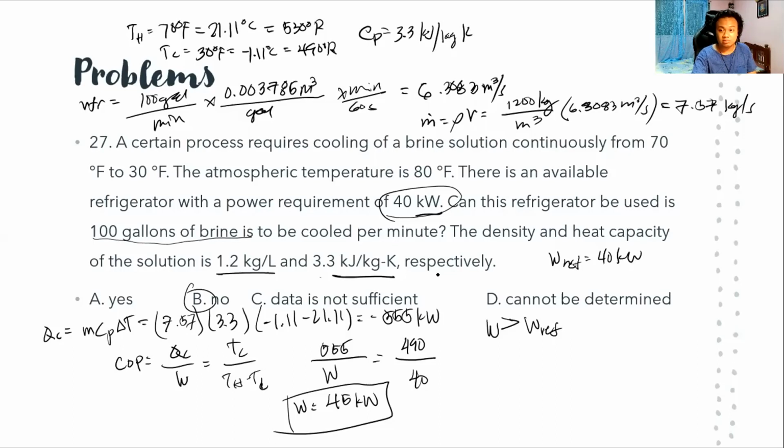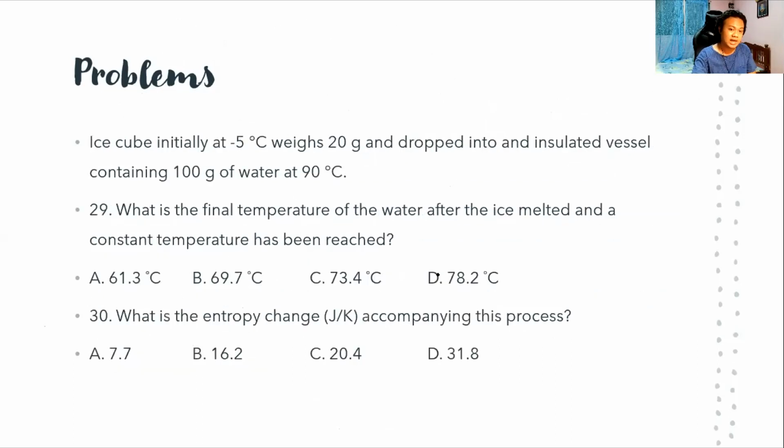So let's go to the next problem. So we have ice cube. So this is actually one situational problem, diba? We have two problems in one statement.